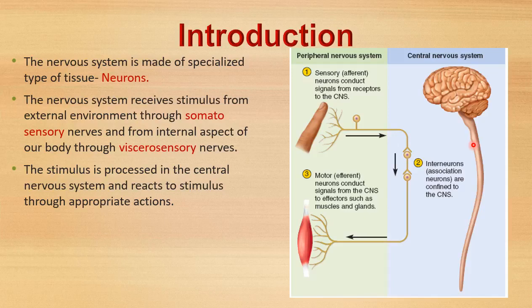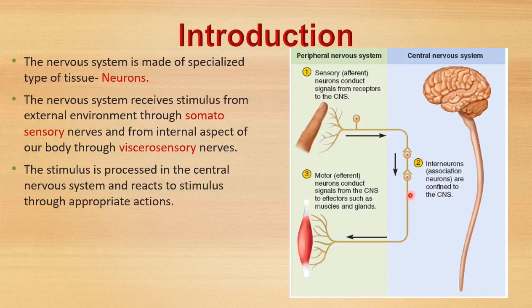Second, numerous afferent neurons might come and end in one interneuron. This is called convergence. Or sometimes from interneurons, the effect might go to different efferent neurons. That is called divergence. So one is convergence, another one is divergence.